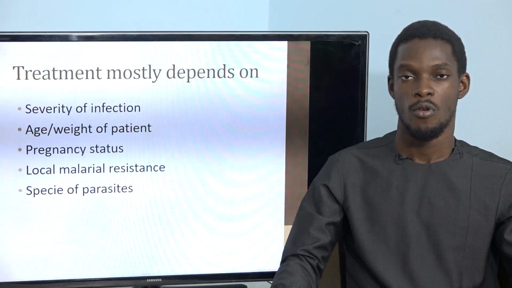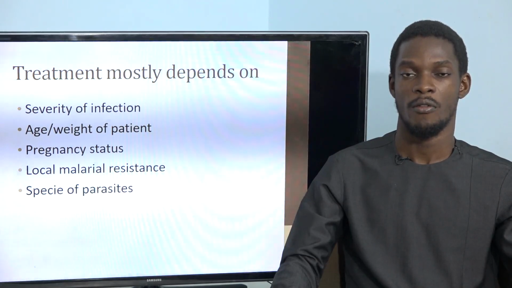Therefore, we would want to avoid certain malaria agents during the first trimester. Pregnancy status is important in the management of malaria.